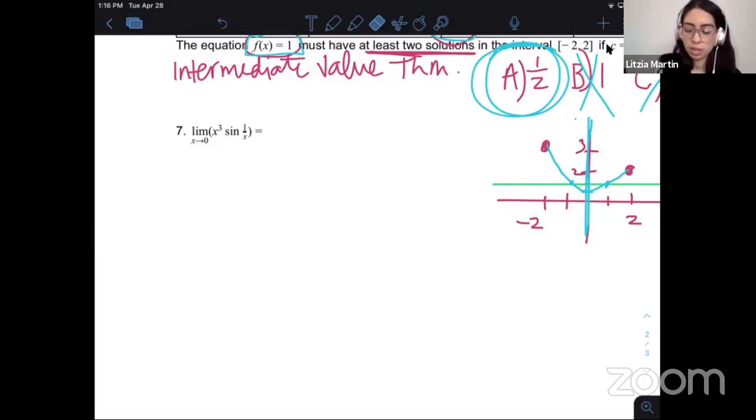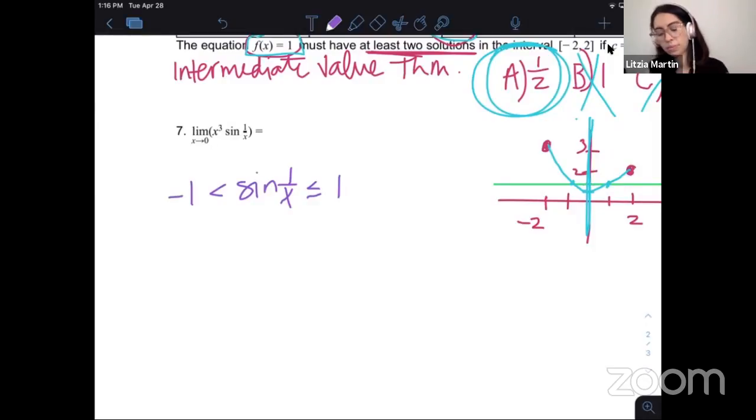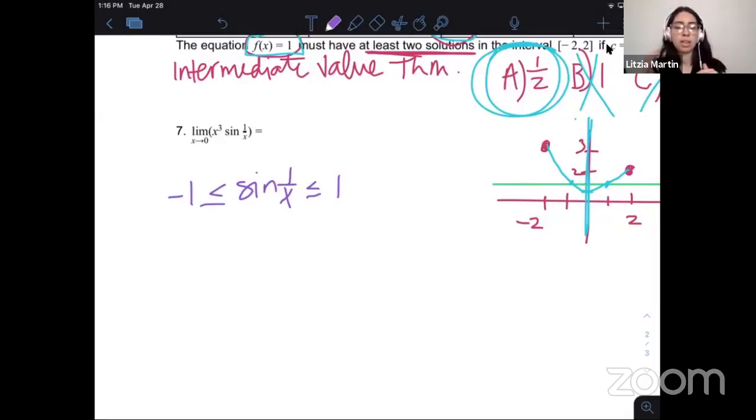So we're starting with that information because we know that to be true about sine. So it's going to have to fall in between -1 and 1, and obviously it's going to be equal to 1 and -1 at certain points as it oscillates.